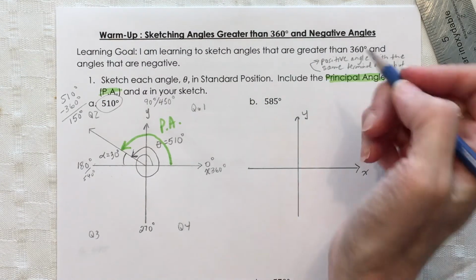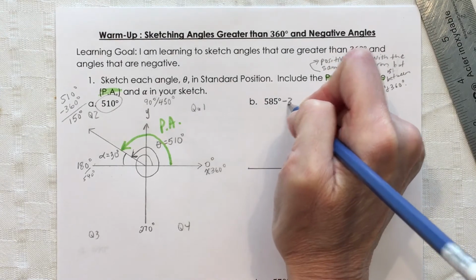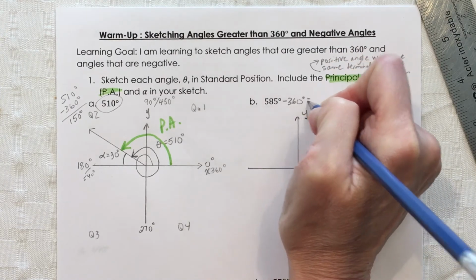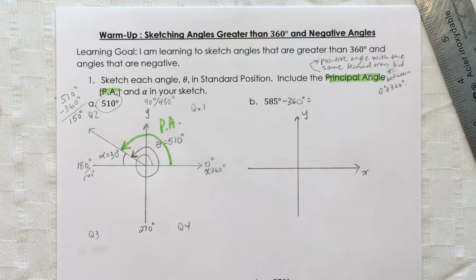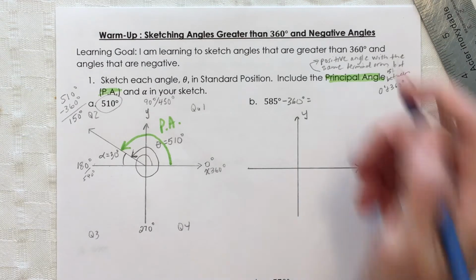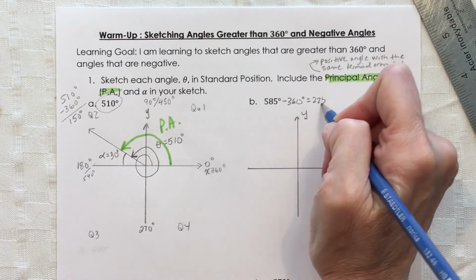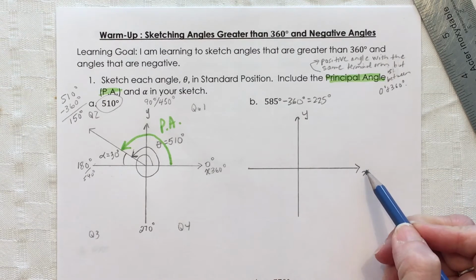So 585 degrees. So the first thing I would do is subtract. It's bigger than 360, so I'm going to subtract 360 to see if I can figure out which quadrant it should be in. So 585 subtract 360 is 225. So that does fit between 0 and 360.